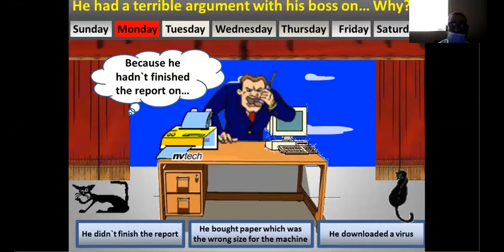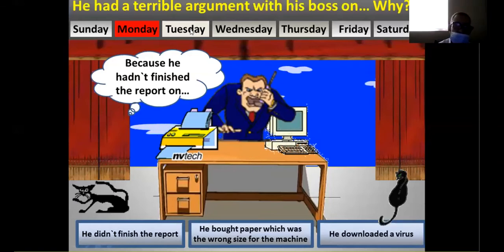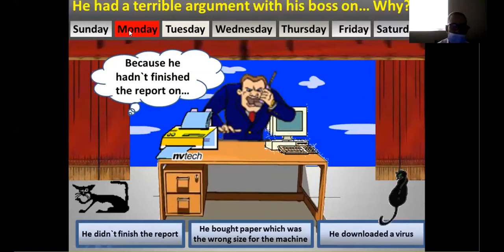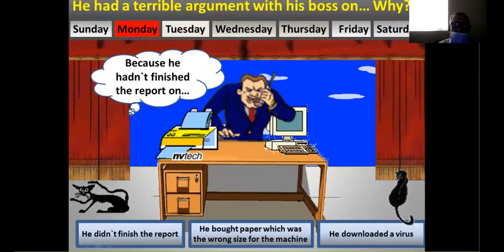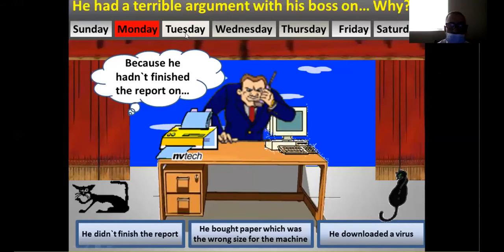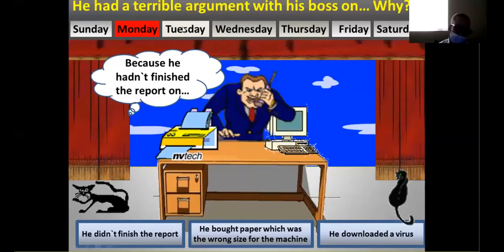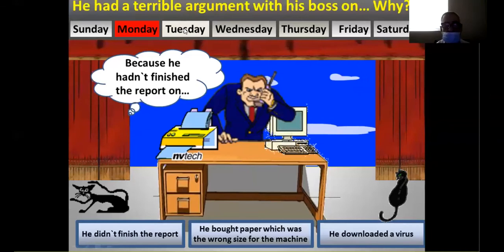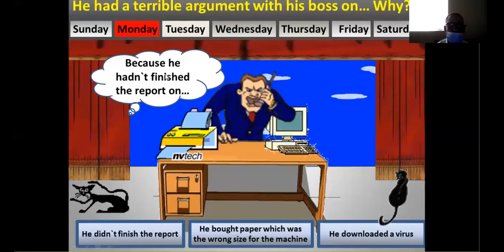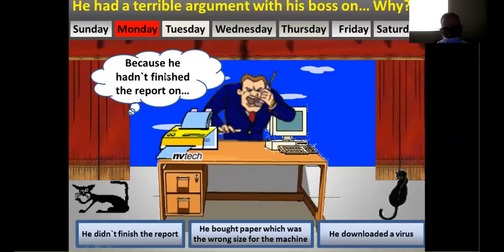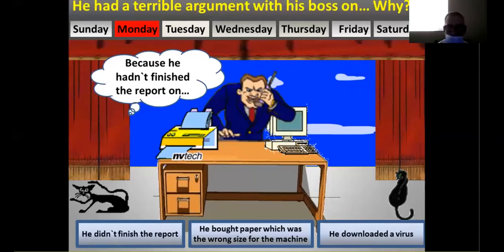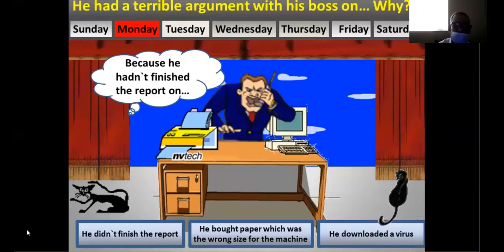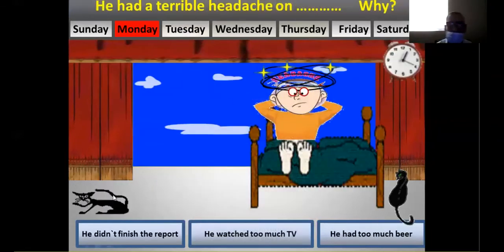So, as a result of Monday action, on Tuesday he had, of course, an argument. So the first action, he hadn't finished the report. The second action, of course, his manager talked to him. Yes, great. I like these ideas.